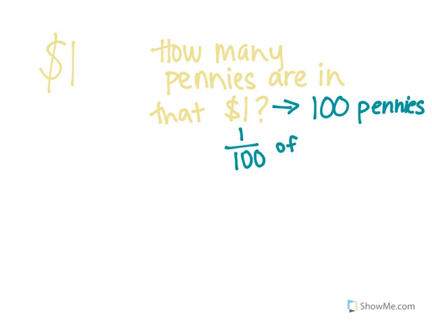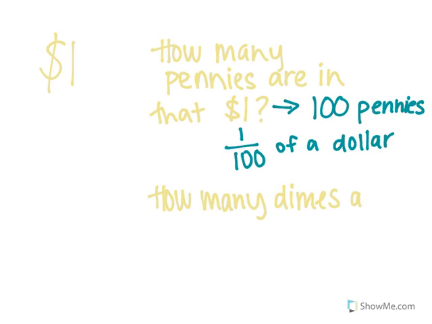So if I gave you 1 penny, you would have 1/100th of a dollar. Now I want you to think, how many dimes are in a dollar? Give you a second to think about it.